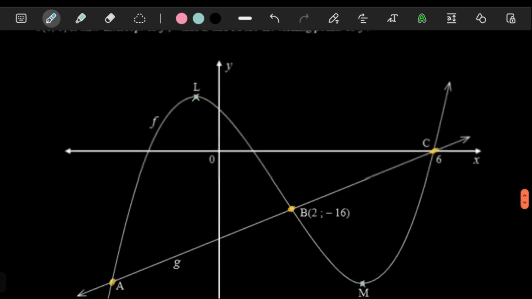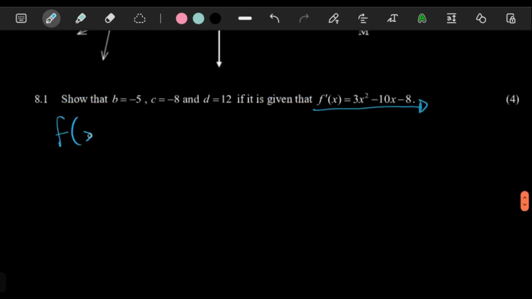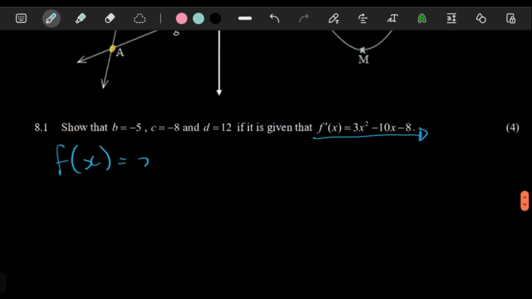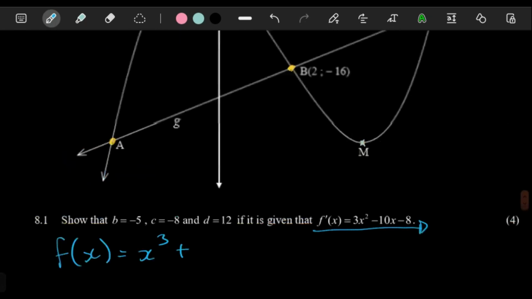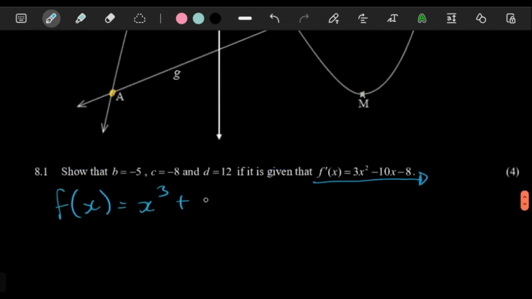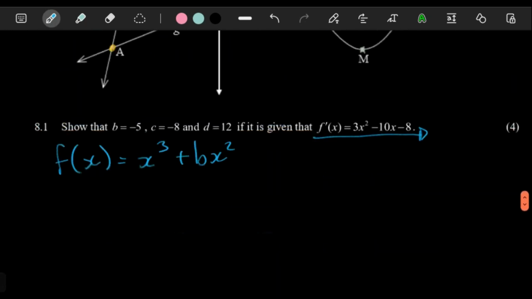So you can see here, the first derivative is useful because if you see what f of x is originally equal to this, x cubed plus bx squared, and then here plus cx plus d, right? Plus cx plus d.